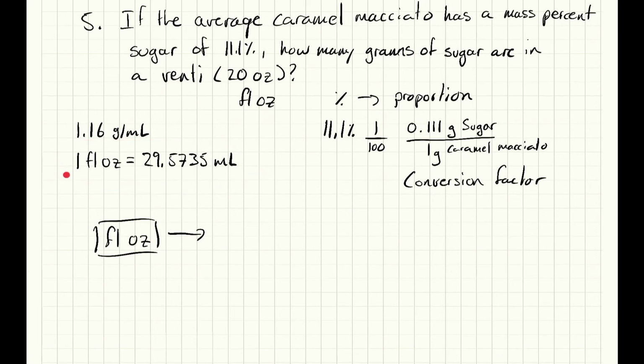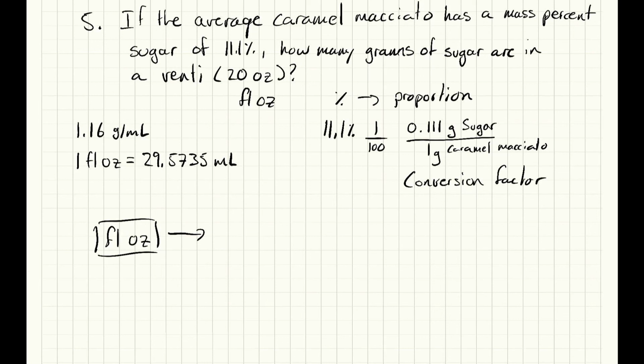This is the conversion between fluid ounces and milliliters. We're given also the density of a caramel macchiato. So I'm sort of testing your knowledge about density here as well. So we're starting with fluid ounces, and we've been given these conversion factors.